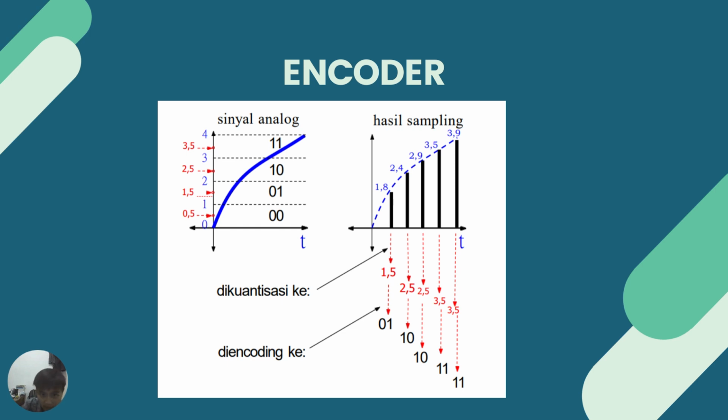Then we do quantization, rounding up and rounding down the values. After that, in encoding, we convert the decimal numbers to binary: 01, 10, 10, 11, and others. So that's the process of the encoder.